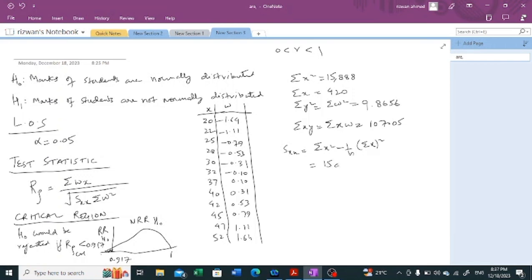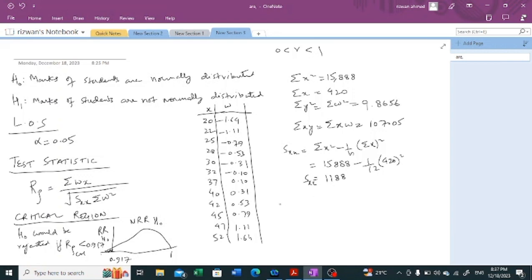So that's 15,888 take away 1 upon 12 times 420 squared: 15,888 minus 420 squared divided by 12 gives us 1188 as the value of Sxx.